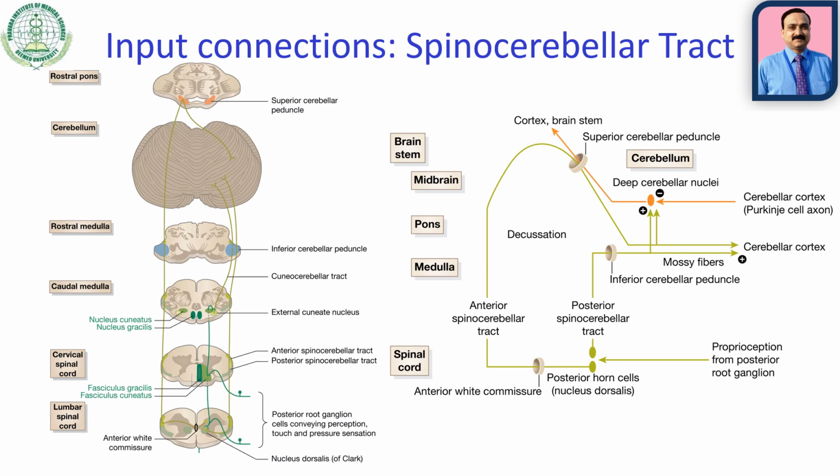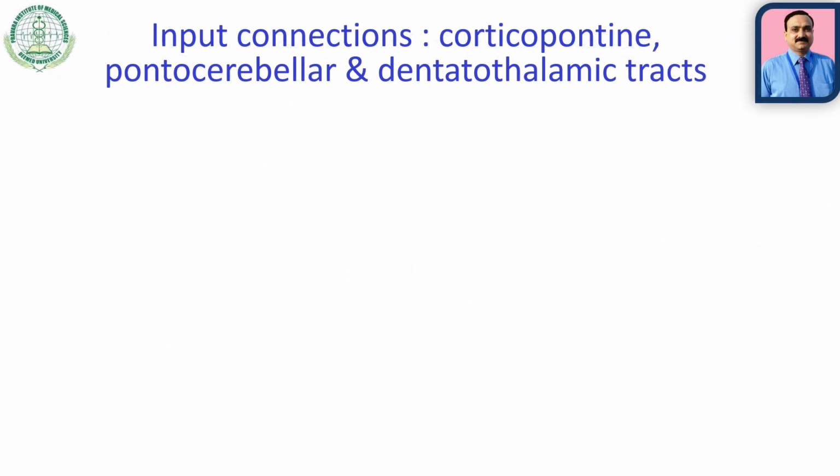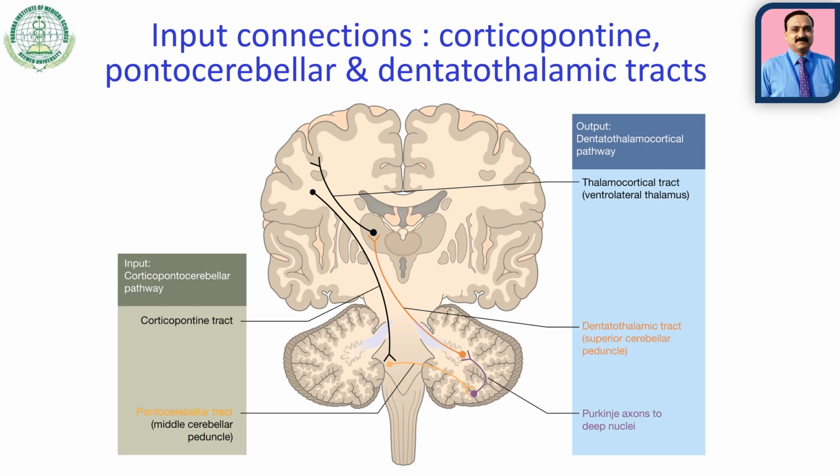One most important thing you can make out here, the anterior spinocerebellar tract is decussating. The decussation takes place between the pons and medulla. While the posterior spinocerebellar tract goes through the same side. The input connections are corticopontine, pontocerebellar and dentatothalamic tracts.